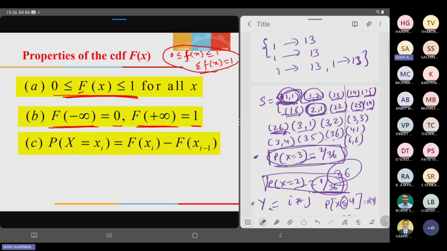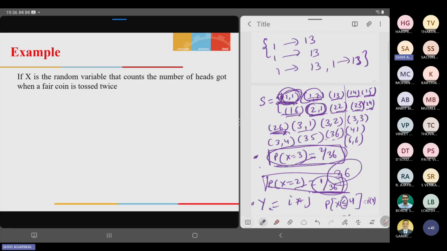Probability when x is equal to xi is what? It is F(xi) minus F of the value just before it. Because we are adding in the cumulative calculation, when doing the opposite calculation we have to subtract it.